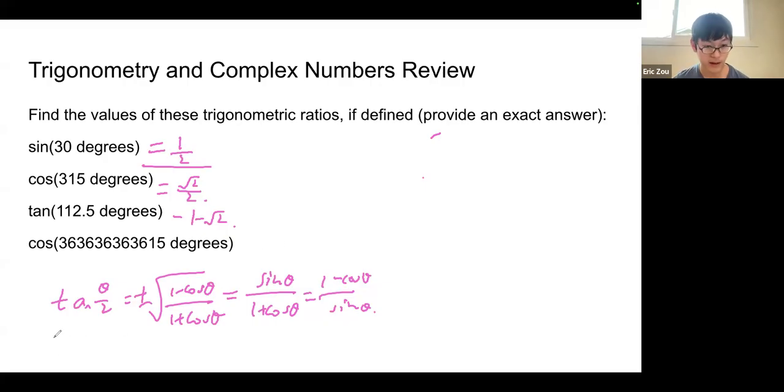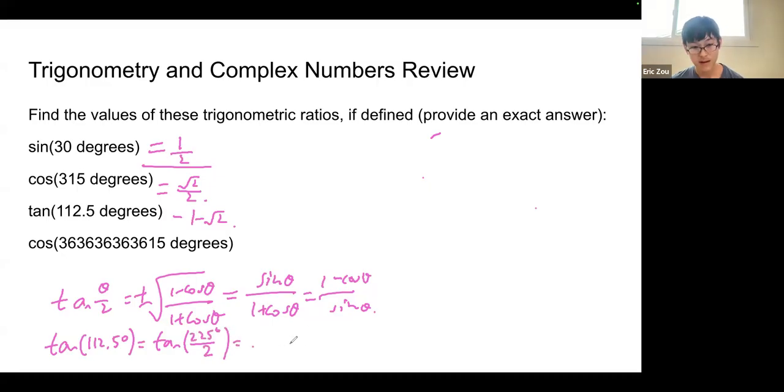And I should do the plugging in. So tangent of 112.5 degrees is tangent of half of 225 degrees.